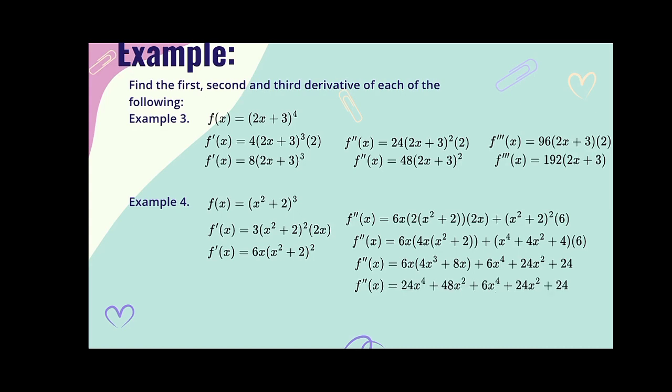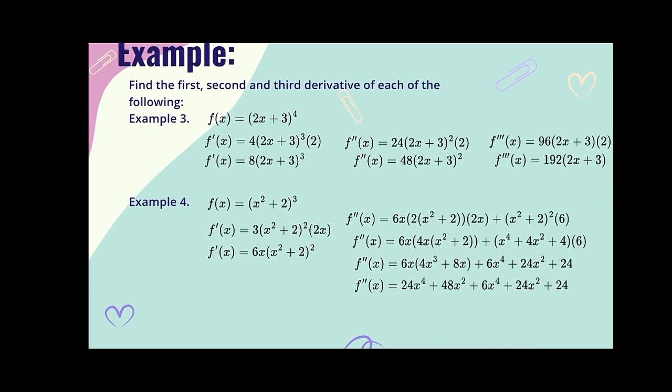After that, we will distribute 6x to the quantity of 4x raised to 3 plus 8x. So by that, we will get 6x times 4x raised to 3 is equal to 24x raised to 4, because we will add the exponents of x, which are 1 and 3. So it will become 4.